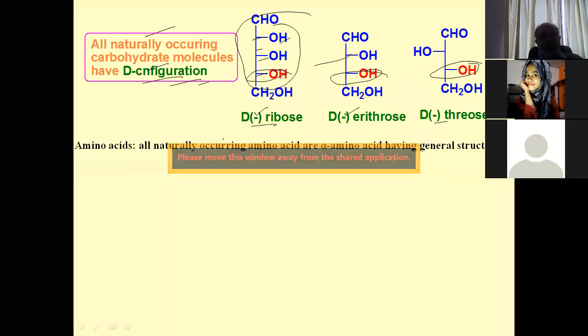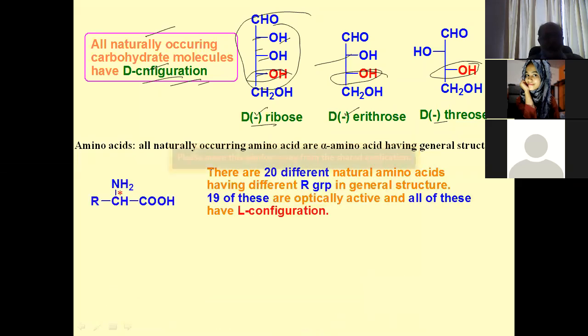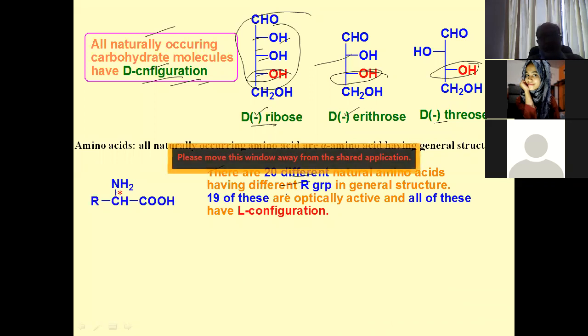Amino acids: all naturally occurring amino acids are alpha amino acids having a general structure this way. You know there are 20 naturally occurring amino acids.